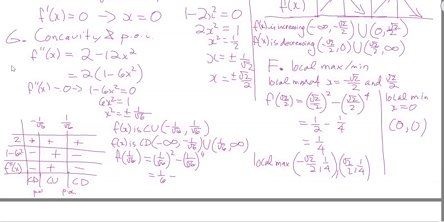So 1/6 minus 1/36, which is 5/36. So our points of inflection are negative 1 over root 6, 5/36, and 1 over root 6, 5/36.